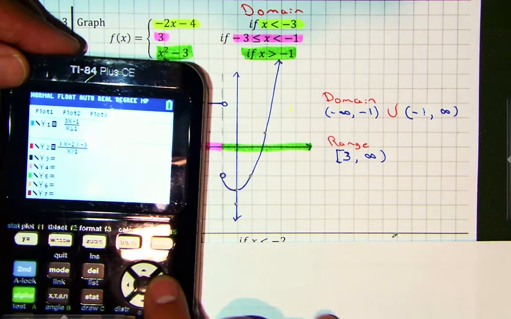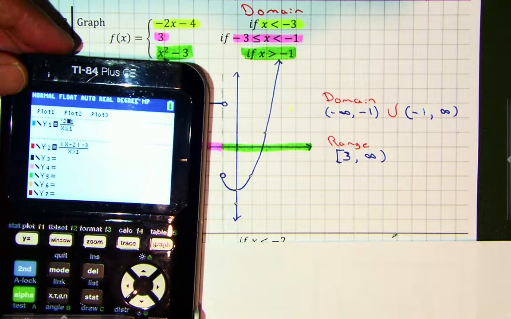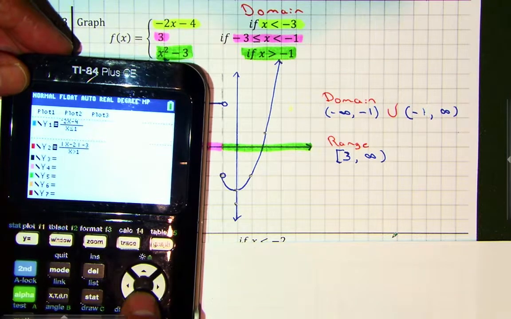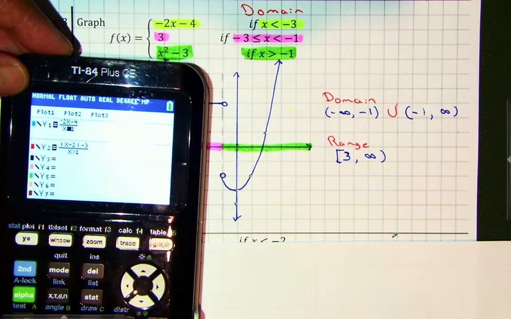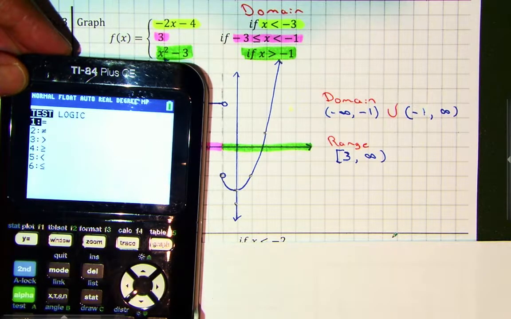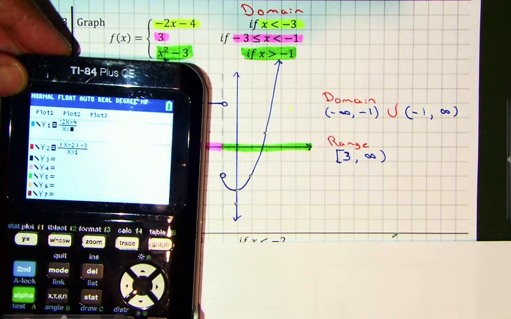So for the first one, I'm just going to change it to negative 2x minus 4. And the denominator will be when x is less than, so I'll go back to my test. Let's go second math. I'm going to select my less than negative 3. Make sure to use a negative and not minus.